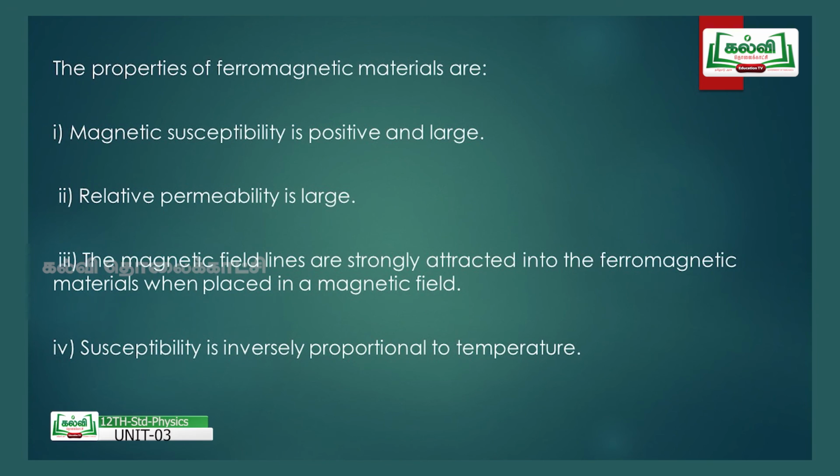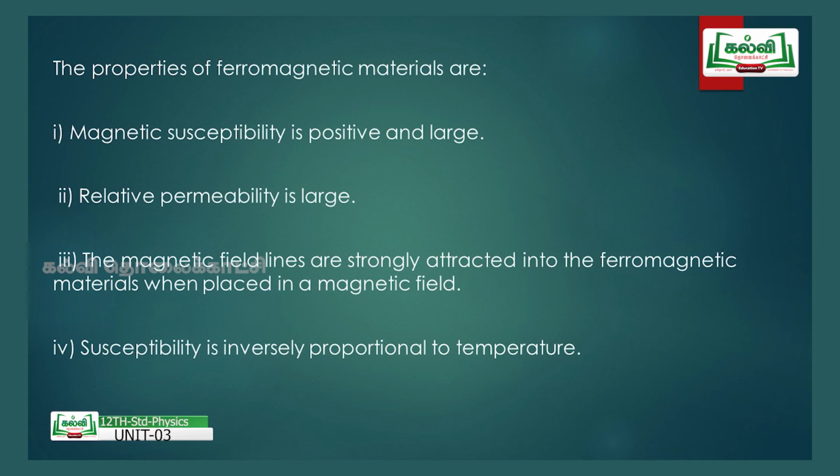The next one is properties of ferromagnetic materials. Now, similar properties are all discussed here. First one is magnetic susceptibility. Susceptibility is positive for ferromagnetic materials, positive but larger than for paramagnetic material. Then relative permeability is also larger.